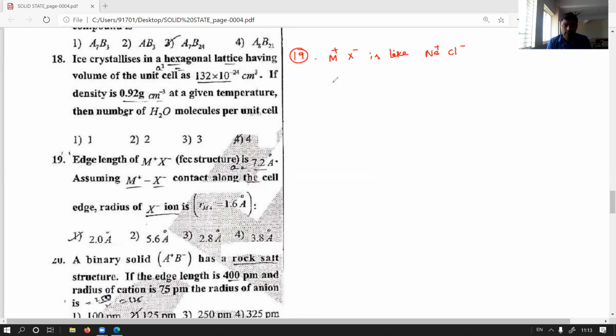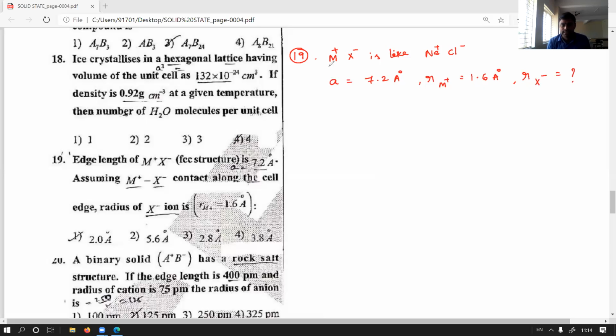So the edge length A is equal to 7.2 angstroms, they gave. Then radius of M plus is equal to 1.6 angstroms, they gave, and we need to find the radius of X minus.